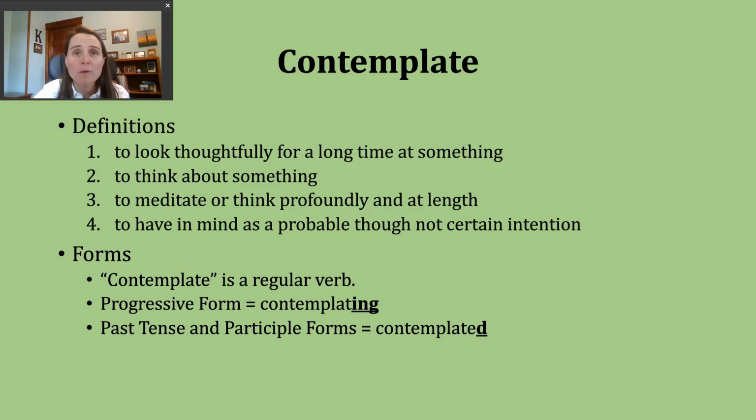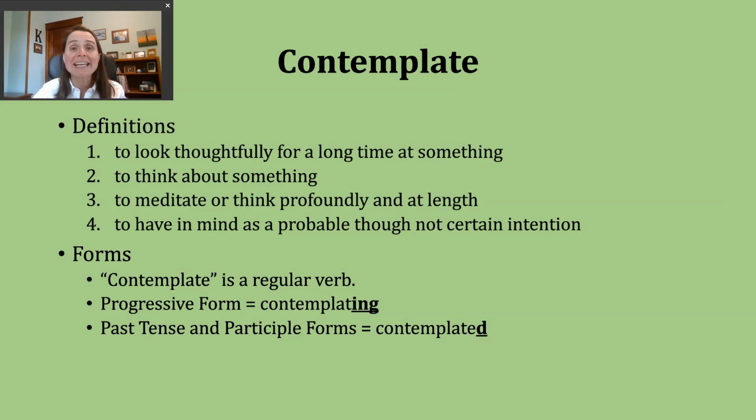To make the progressive form of this verb, we're going to drop the E on the end before we add ing, and that's because this verb ends with the vowel consonant E pattern. To make the past tense and participle forms of our verb, all we're going to do here is add the letter D since this verb already ends in an E. Now our base verb, contemplate, while it ends with the letter E, the ending sound is a T sound.